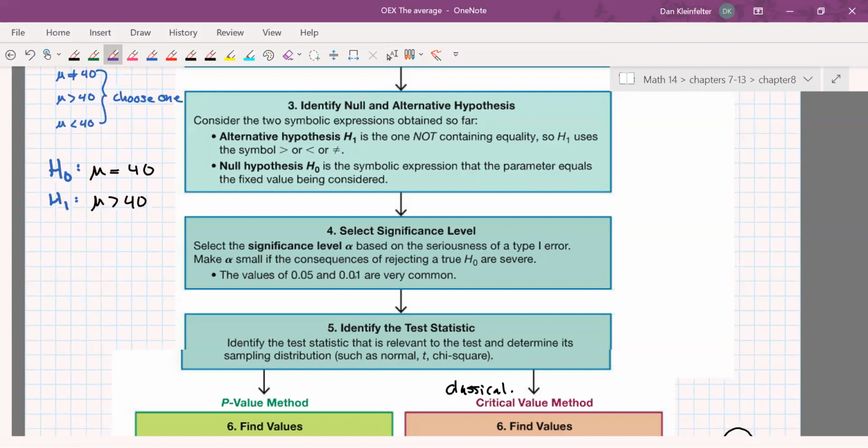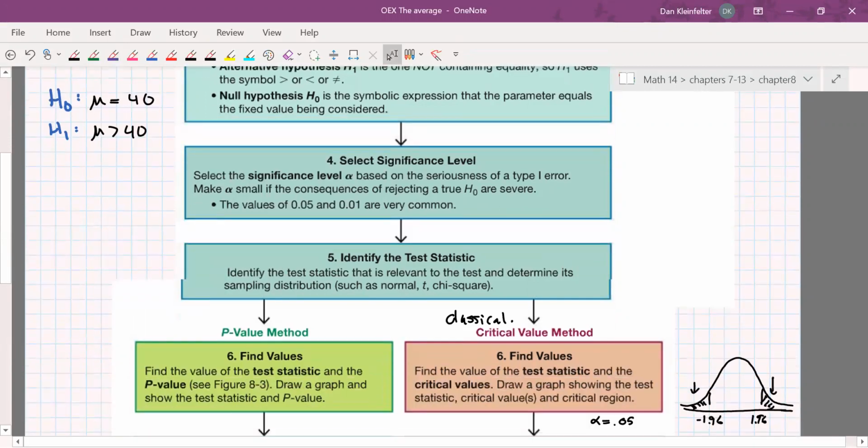If you're testing whether people prefer chocolate chip cookies or Oreo cookies, to me that's not that big of a deal, and so we could use a larger alpha like 0.05 or even 0.1 for that. Deciding on the alpha is something that you develop with experience. Usually though, it's 0.05 or 0.01.